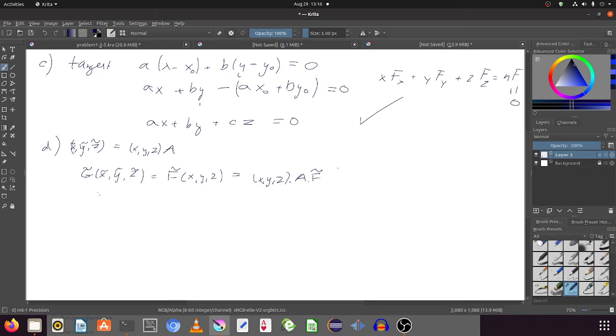Now the point is that we do have the same curve with just different coordinates, so it's the same tangent.